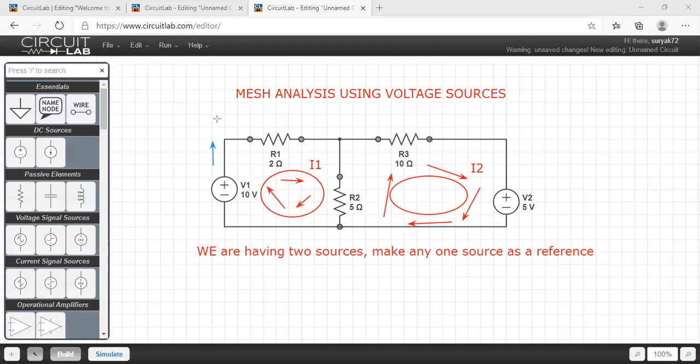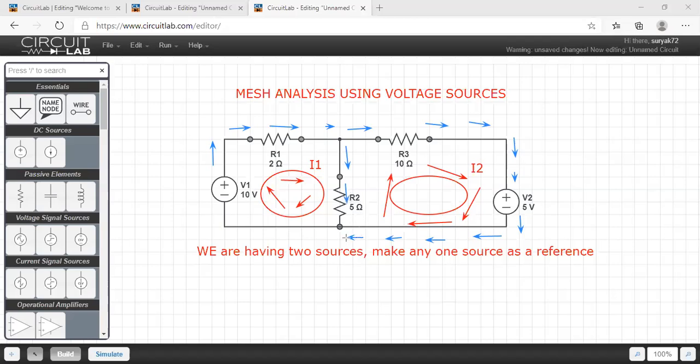Here in this problem, we have two sources, V1 and V2. My branch current is coming from V1, that is from plus, and it will move like this. Once it reaches this place, the branch current divides into two branches. I'm not caring about voltage source V2 because I took V1 as the reference.